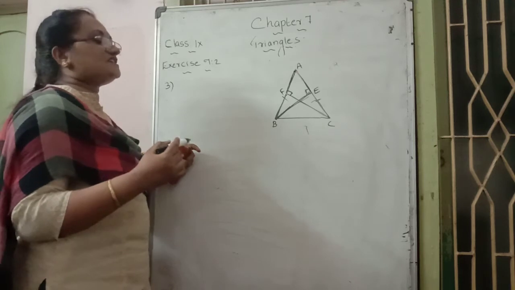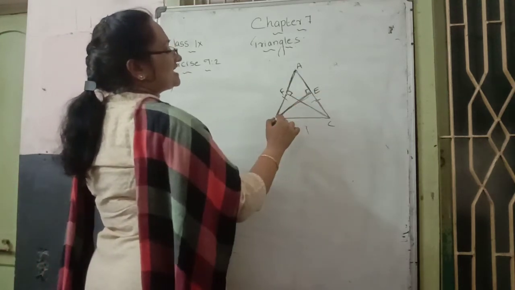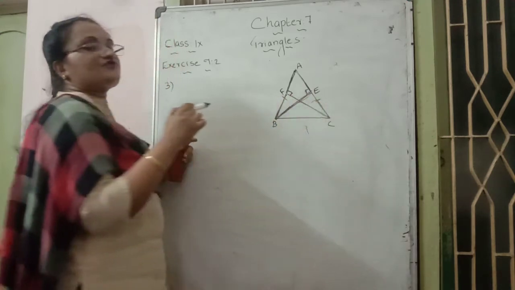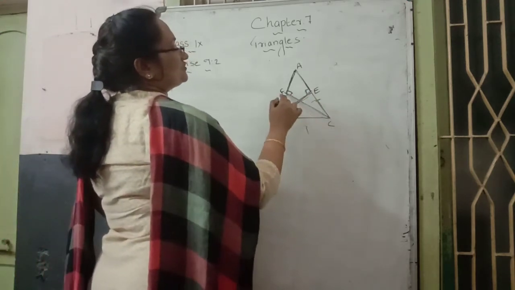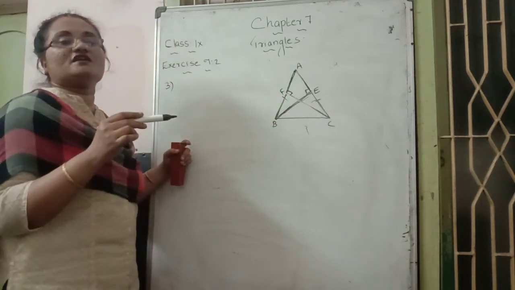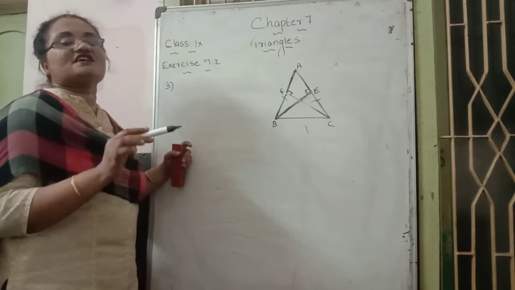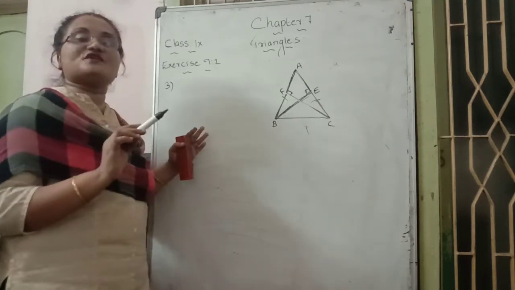By CPCT, what can we say? The side BE of the first triangle is equal to the corresponding side CF of the second triangle. So by CPCT, the altitudes BE and CF are equal.